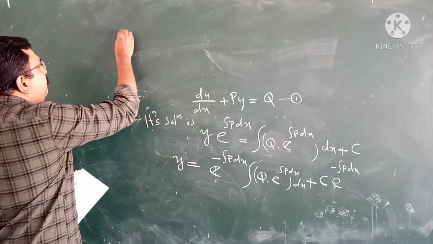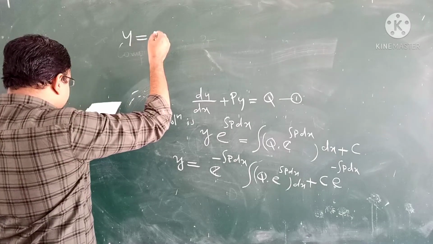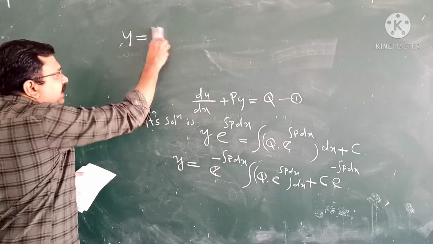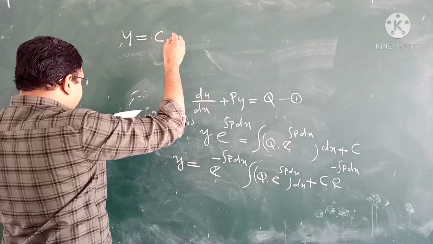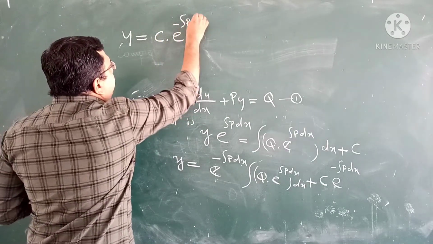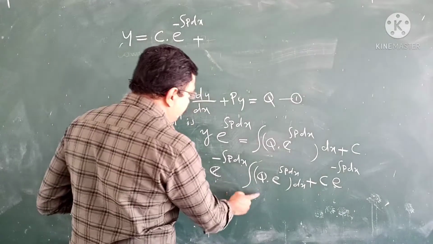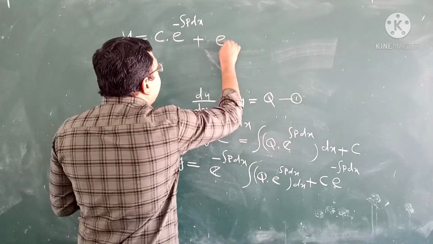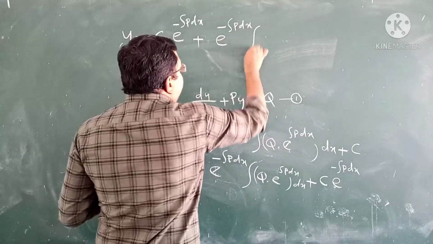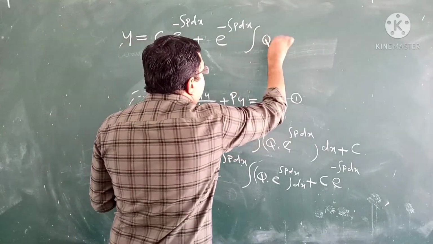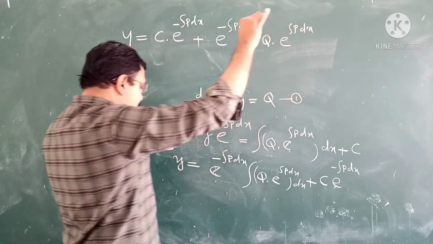Therefore, this equation will become y equal to, we can write the first function as c into e raised to minus integral p dx, plus the second term, that is e raised to minus integral p dx into integral of q into e raised to integral p dx.